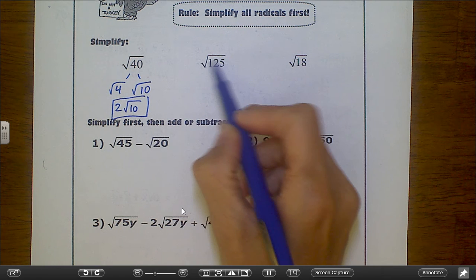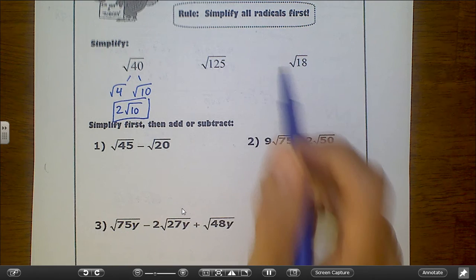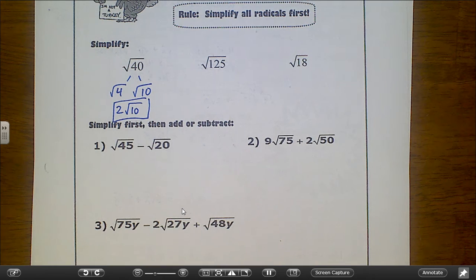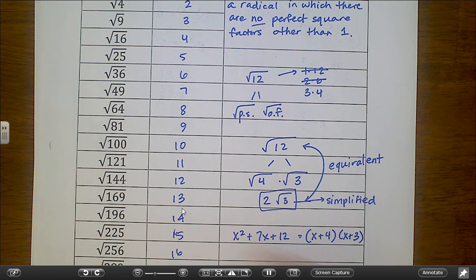So you have the square root of 125. So now, again, you can go back to this if you would like to. And you, of course, would start at 100 and just start dividing from there.